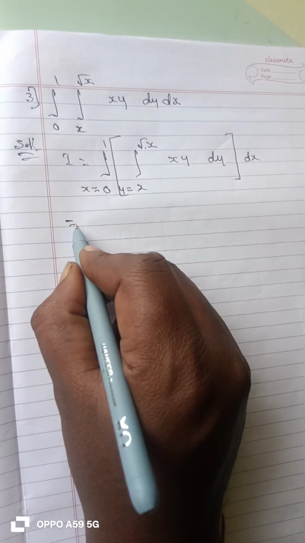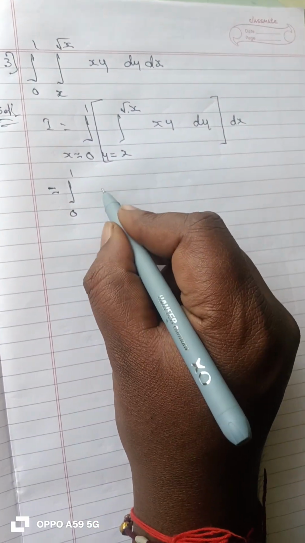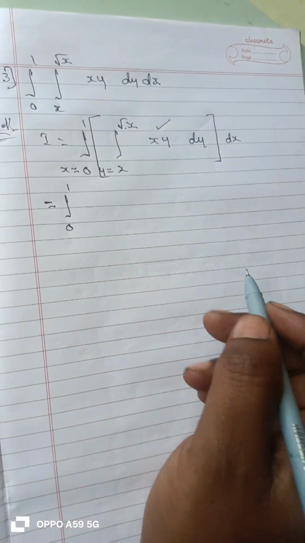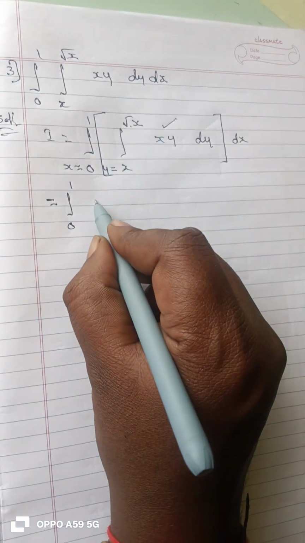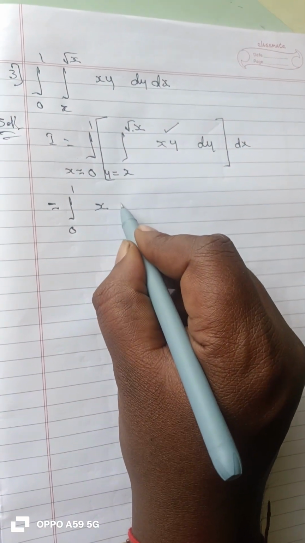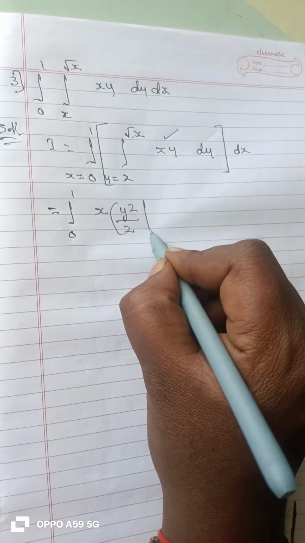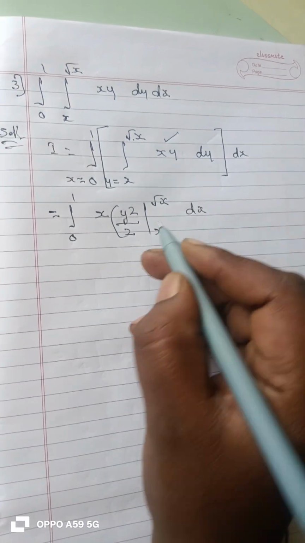Now if we do the integration, this is 0 to 1. Next, this function we are going to integrate with respect to dy. With dy, x will be constant as it is, and y will become y square divided by 2. Limits will be from x to root x dx.